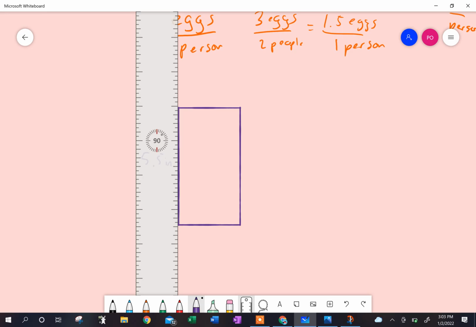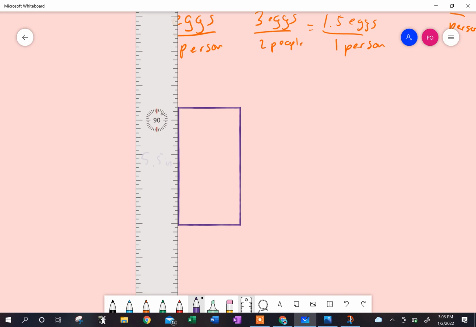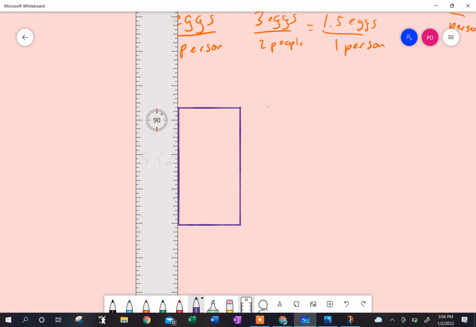It looks like it is 1, 2, 3, 4, 5, 6. Let's see, that's 1 inch, 2 inch, 3. 3 3/8 inches.